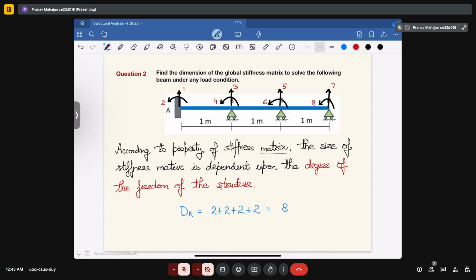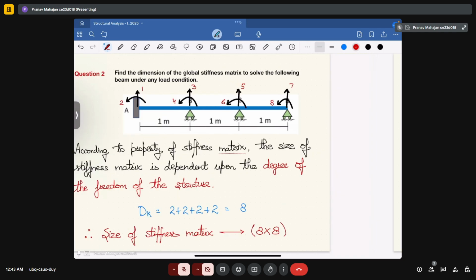Therefore, size of stiffness matrix will be 8 by 8. Okay, fine. Let's move to next question.